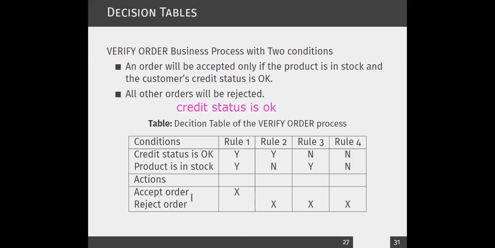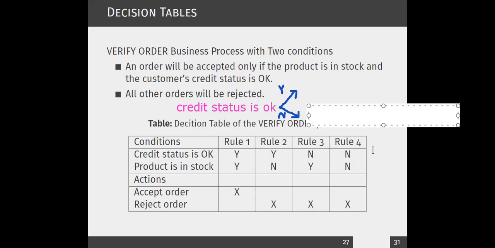So if it is yes, we have two directions, guys. We have yes and we have no. If it is no, we know that it's reject order, right? If it is no, we know reject order.